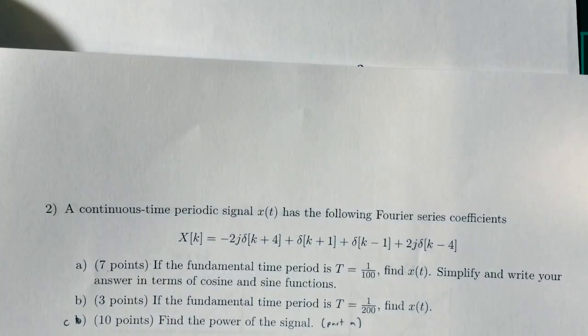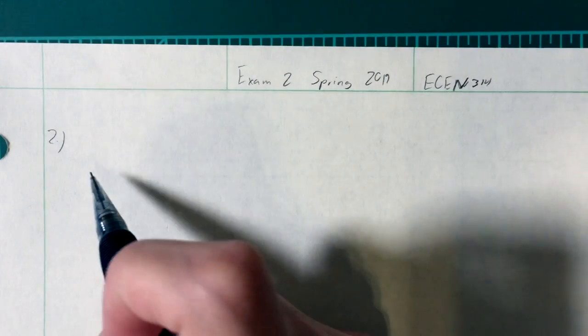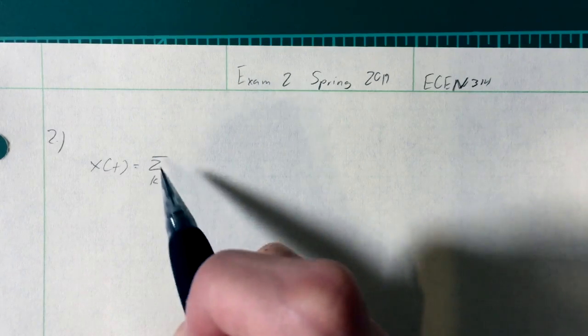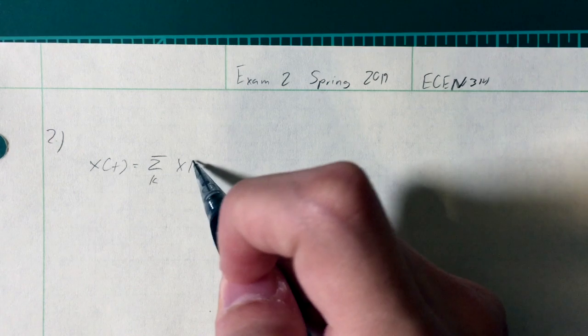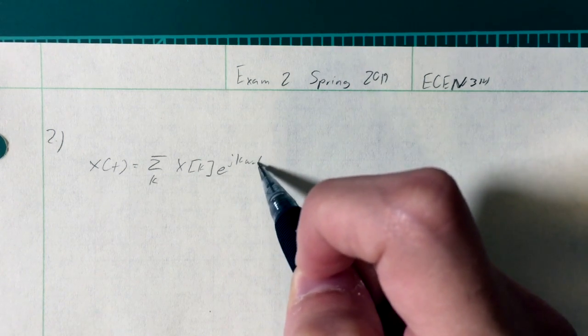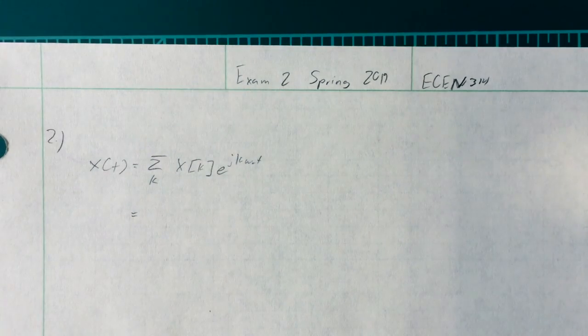So we get an expression for x of t, which equals the sum over k of x of k, e to the j k omega naught t.